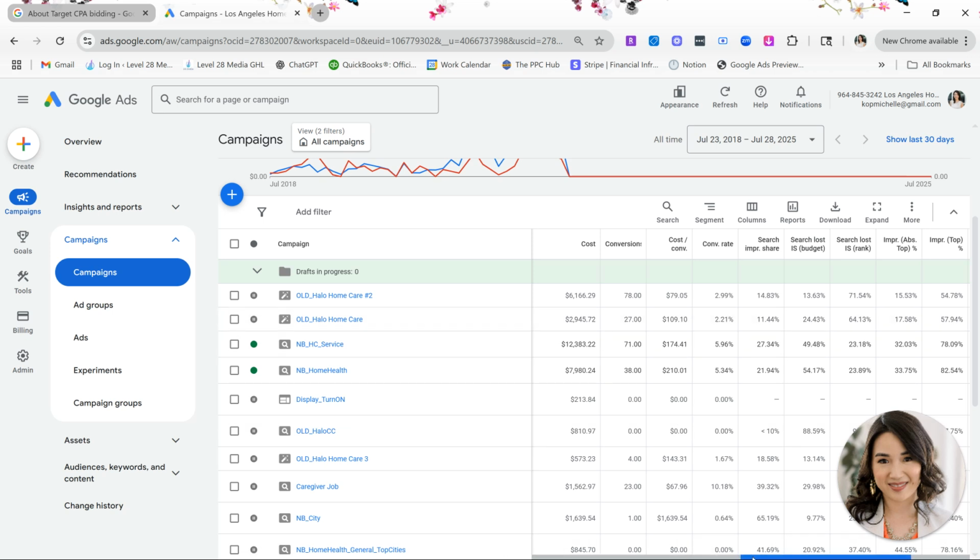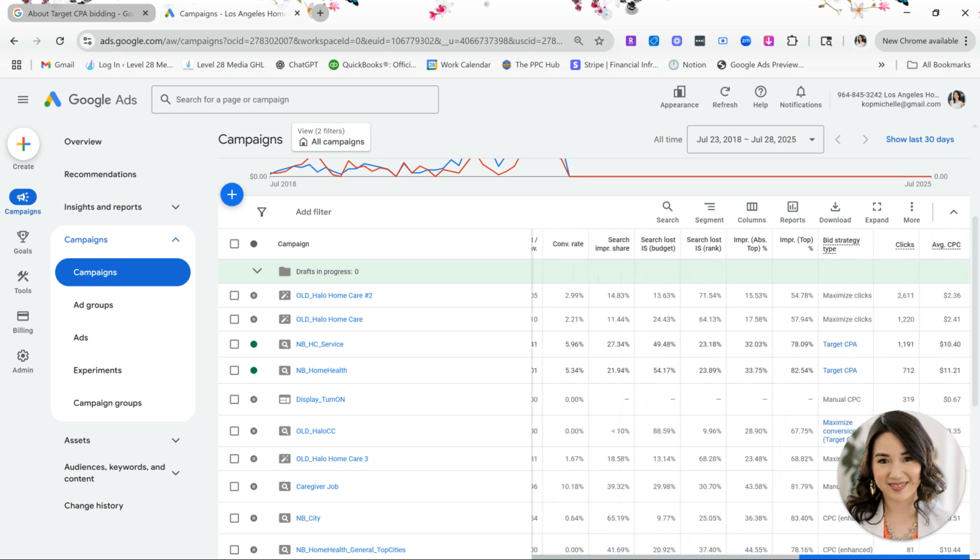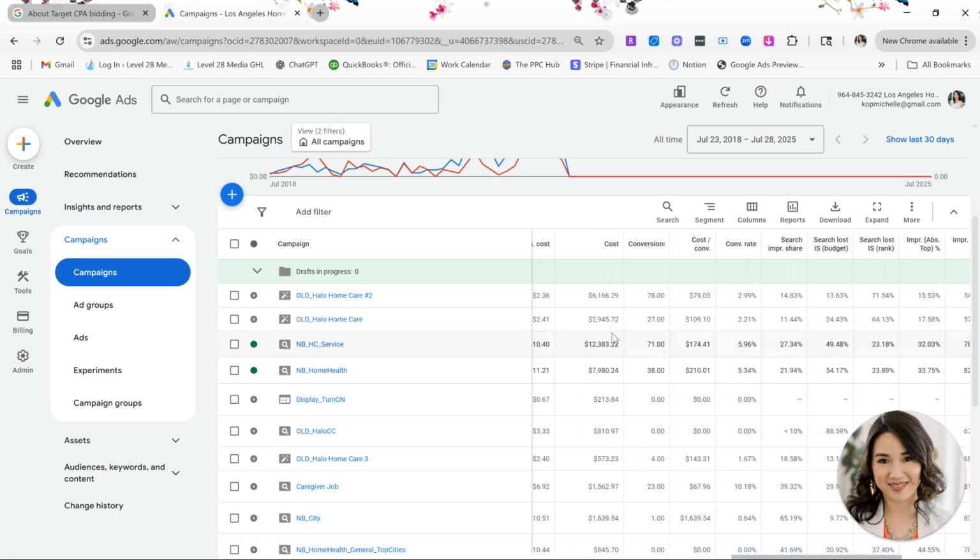Sometimes when you're looking to set a target CPA goal, Google will make recommendations based off of historical data, and it will usually be higher than here because Google will try to give it a little bit more breathing room. If the target cost per acquisition is higher, then the bids can be higher when you're using an automated bid strategy.